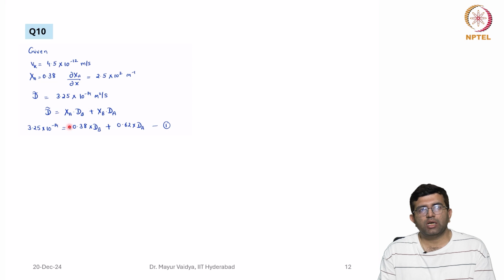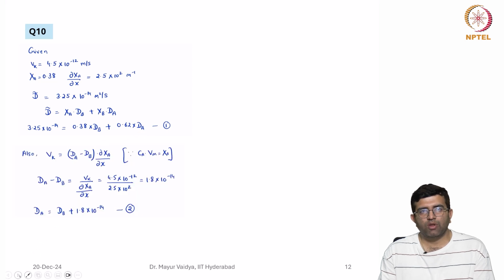So, D tilde is equal to XA DB plus XB DA. This is the Darken relation. If you put in the values, you get equation 1, which is 3.25 into 10 power minus 14 is equal to 0.38 into DB plus 0.62 into DA. Now, there are two unknowns, so we need another equation.